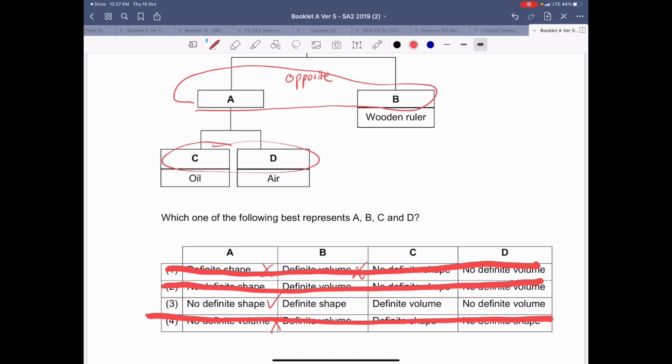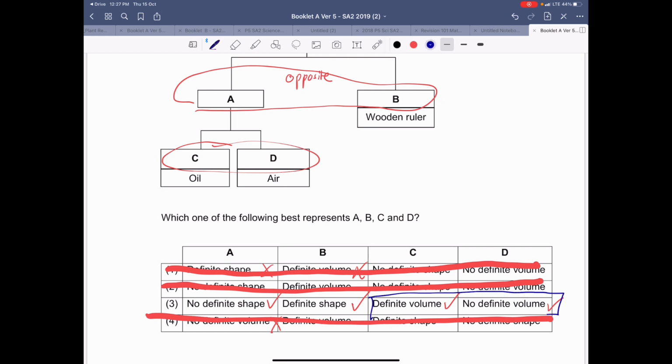So let's check for number 3 to make sure everything is correct. B, they say definite shape. Wooden ruler, it's a solid, it has definite shape, so that's correct. C, oil has a definite volume, very good. D, no definite volume, that's your air which can be compressed. And moreover, they are a pair.